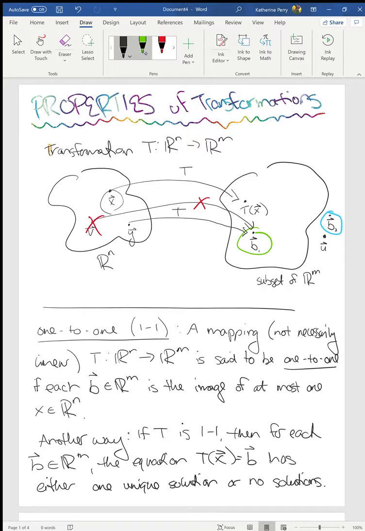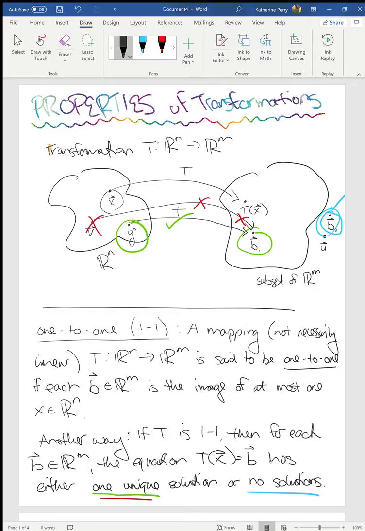This green up here was representing the one unique solution. So only this vector goes to b, and that's fine. But again, I cannot have this second vector going to b. And this b2 on the outside over here is representing the situation where I have no solutions. So this is fine as well. All right.